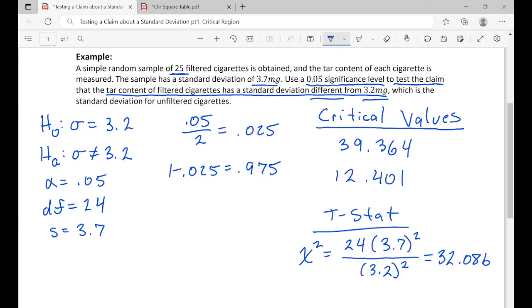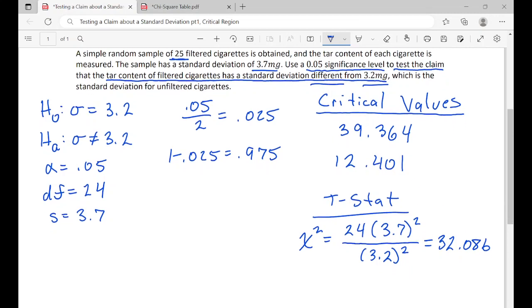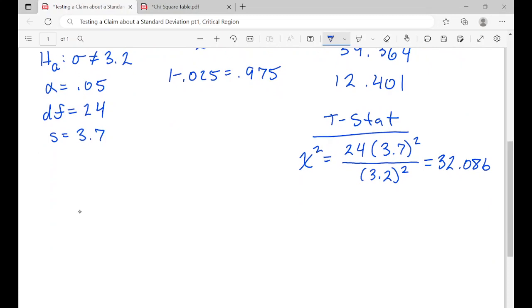So we know what we're going to be testing. Now we need to draw our picture and put our critical values in to see where our test statistic falls. I'll draw the picture, not 100% accurate, but that's okay. I'm just trying to give myself an idea.